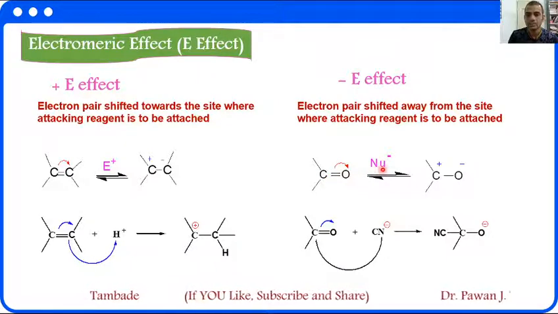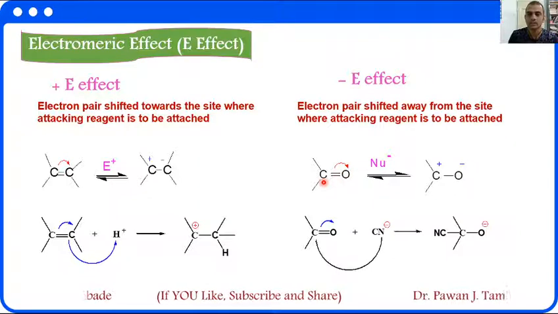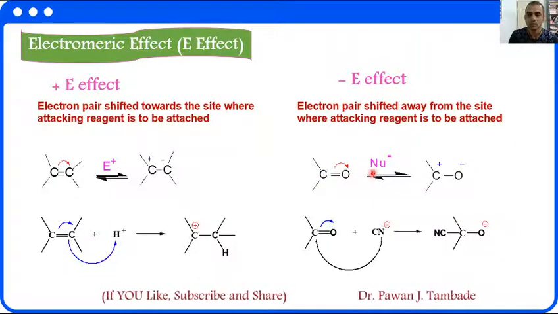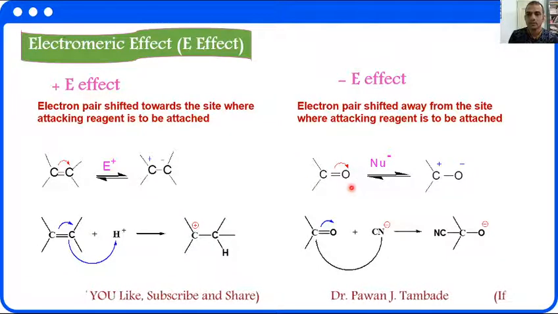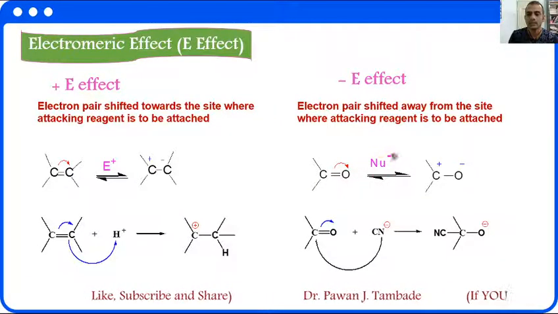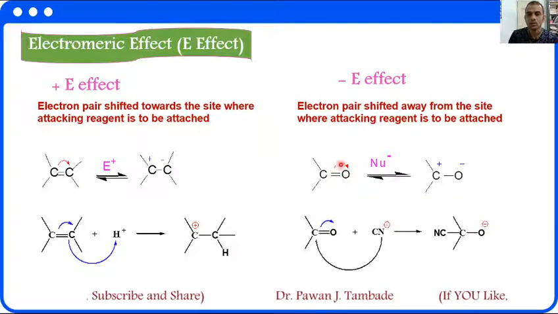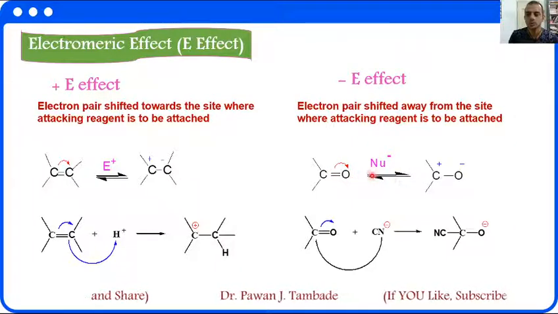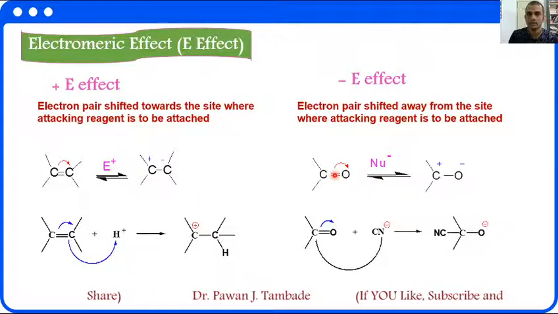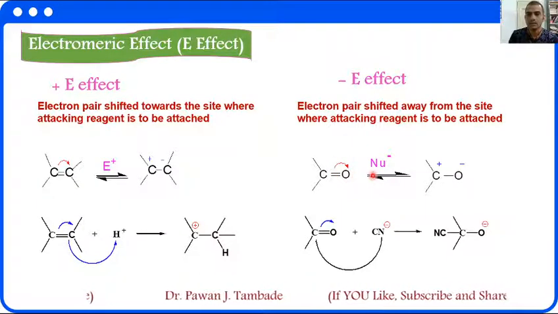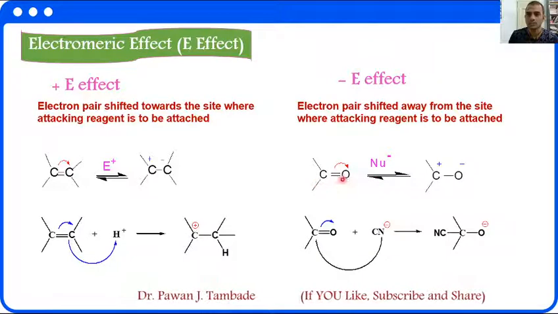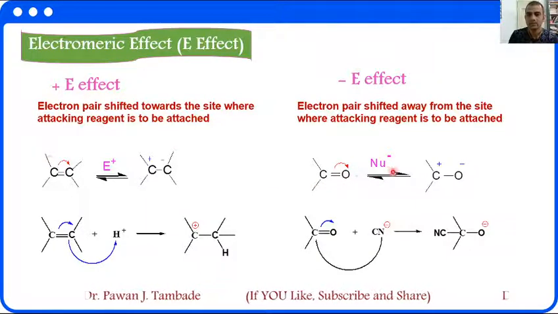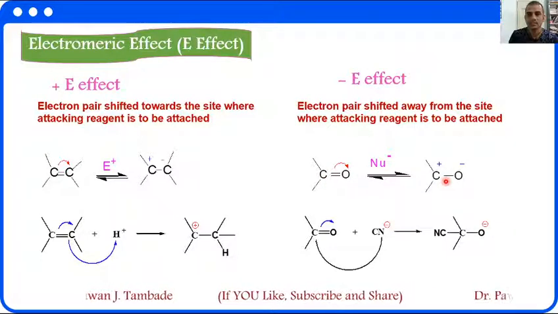And then this nucleophile will attack this carbon, and there is a formation of a carbon-nucleophile bond. So if you look at this example, in the presence of this attacking reagent, the double bond opens to the atom which is not going to attach to the nucleophile. The electron pair opens at oxygen and the nucleophile attacks carbon, which is just opposite to the earlier example in the plus E effect. This effect is called the minus E effect.